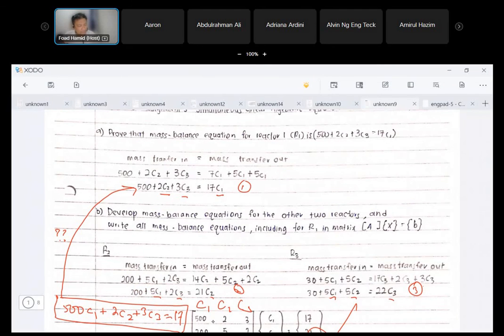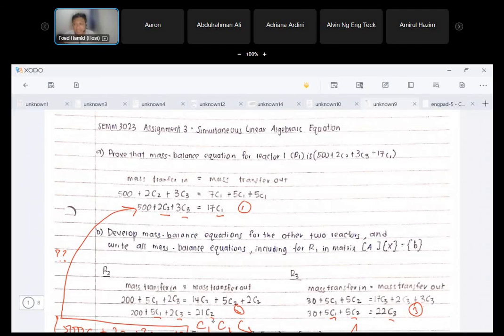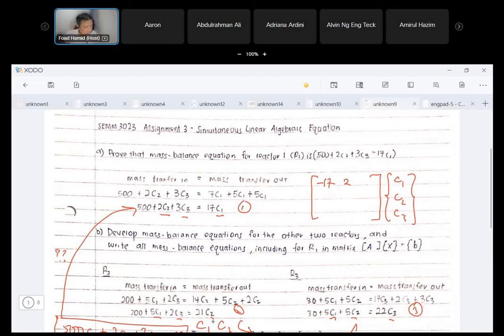Remember that when we write our system of linear algebraic equations in the form of a matrix, this is always the coefficient matrix of the unknowns, which are C1, C2, and C3. So this must be the coefficients of C1, C2, and C3. So this is minus 17, C2 is plus 2, C3 is 3, and it must be equal to minus 500.